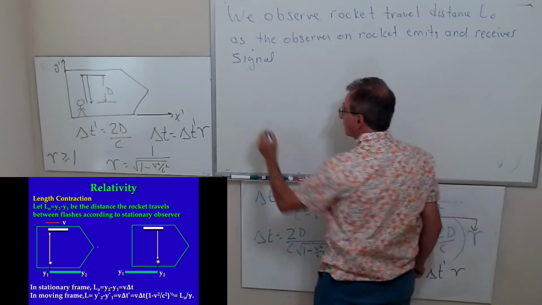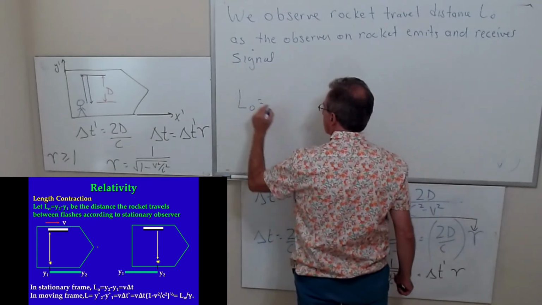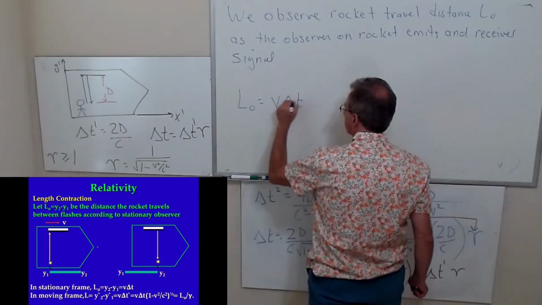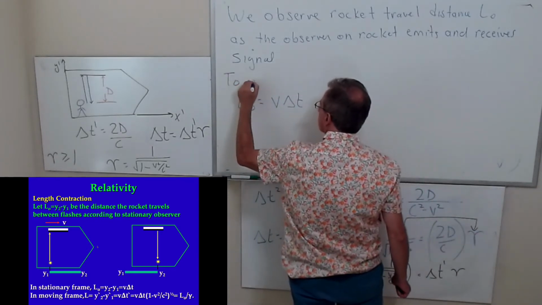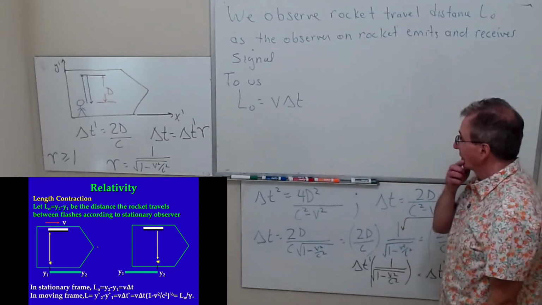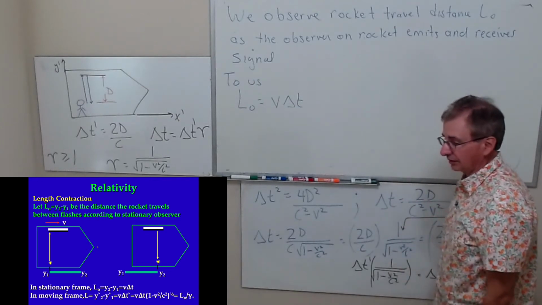So to us, that distance, L naught, is going to be the speed of the rocket times delta t. But that's not the case to the rocket.